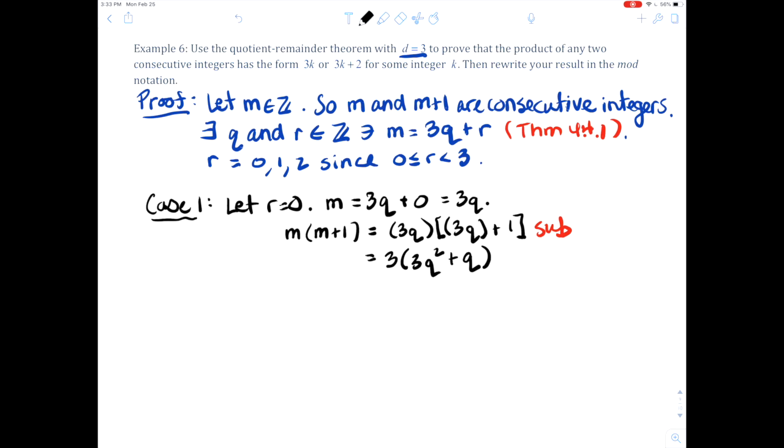Good so far? All right. Well, let k equal to 3q squared plus q. k belongs to the integers because of the closure properties for multiplication and addition.